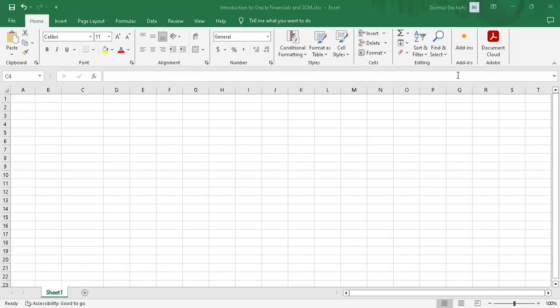So in today's session, we are going to look at the introduction of two main areas of learning. And one of the items that we need to look at is the Oracle financials consultant.